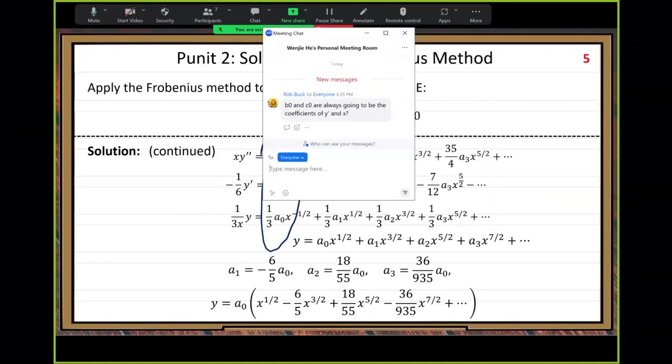Remember that initial equation, this one. When you start, you need to solve this one.